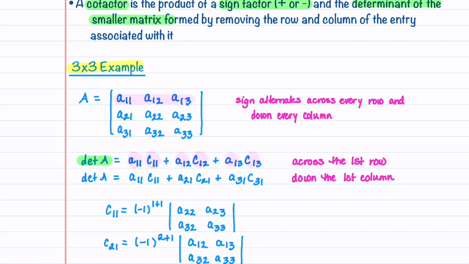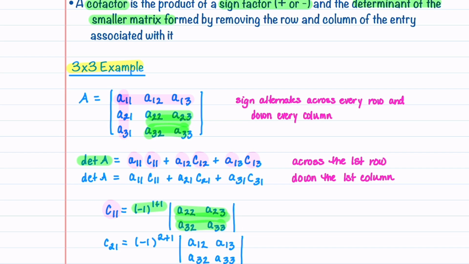Let me show you what one of these cofactors looks like. C11 is going to be minus 1 to the 1 plus 1. That's the sign factor. The 1 plus 1 comes from the subscripts of C, and the sign factor is then multiplied by the 2 by 2 determinant that remains when the row and column common to A11 is crossed out, and those are the entries that remain.